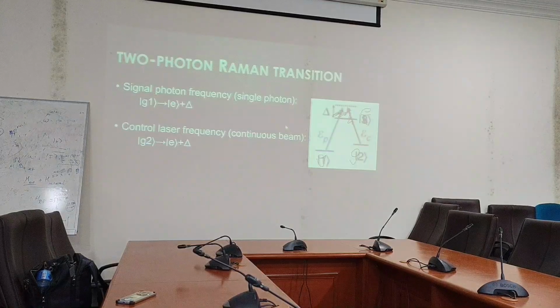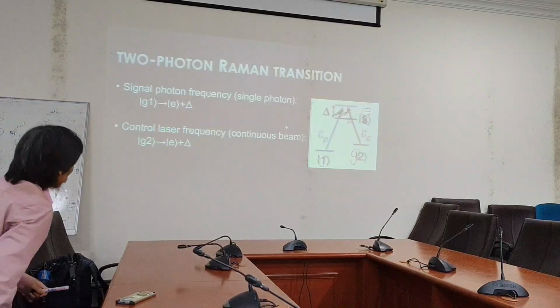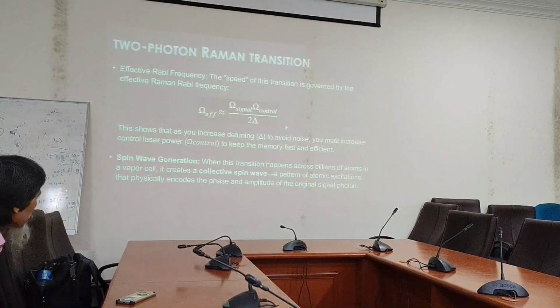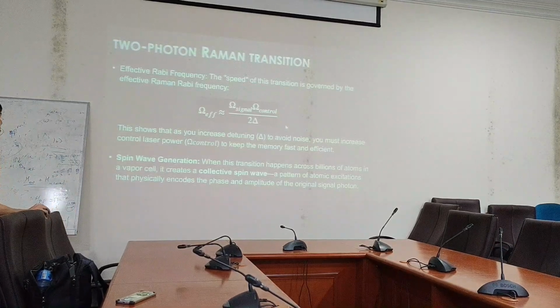When you're mixing up the state, the detuning is not a state. And you do the control frequency. This is a formula for the effective Rabi frequency.